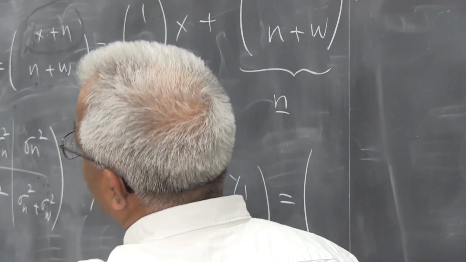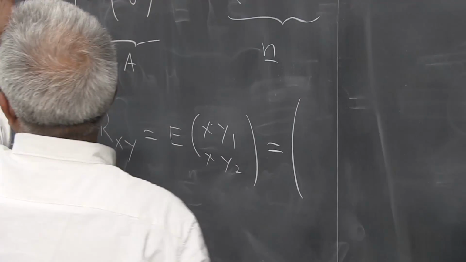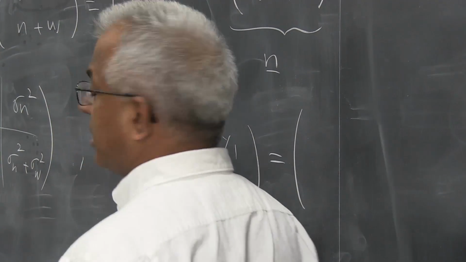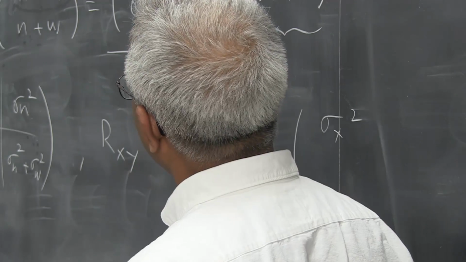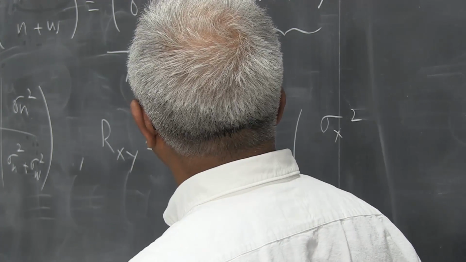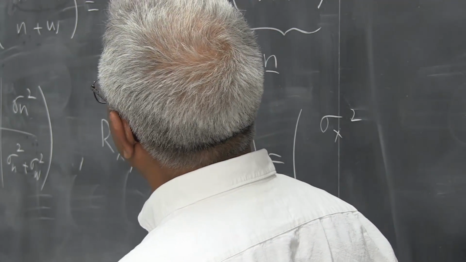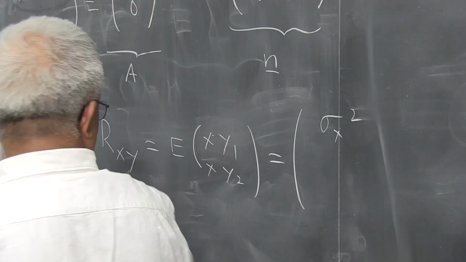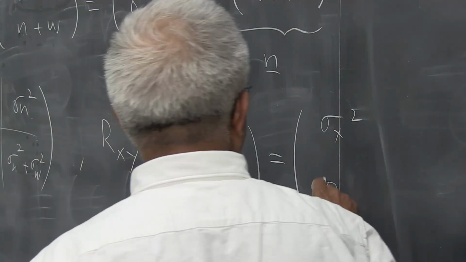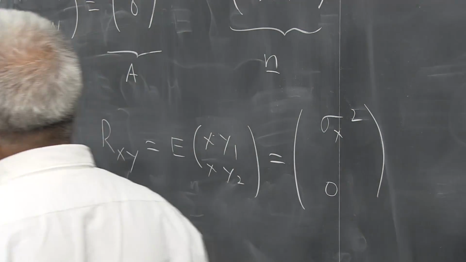X multiplied by y1. Y1 is this. X multiplied by that is sigma x squared, right? And x multiplied by y2. Y2 is here. 0. Right, 0. So all we need is Rxy is here.